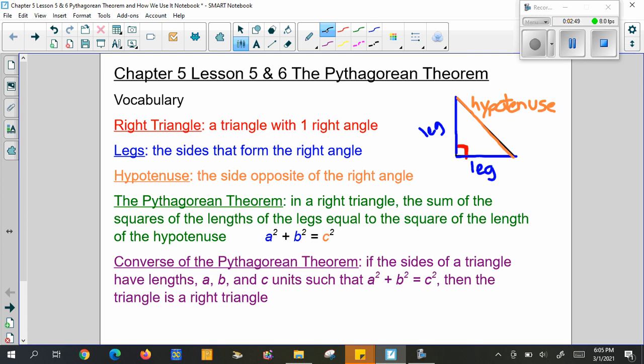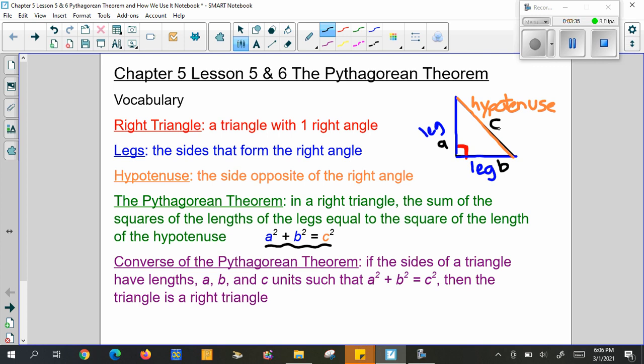Let's go back to the legs and the hypotenuse. We have two legs, and we're going to call one of those A for its variable, and the other one B for its variable. And then C, which all of these are coming from the equation, C is going to be the hypotenuse. C is always the hypotenuse. Letter C is always the hypotenuse.